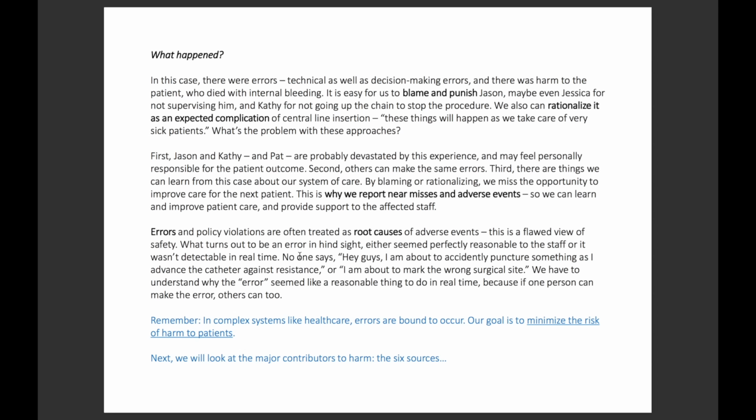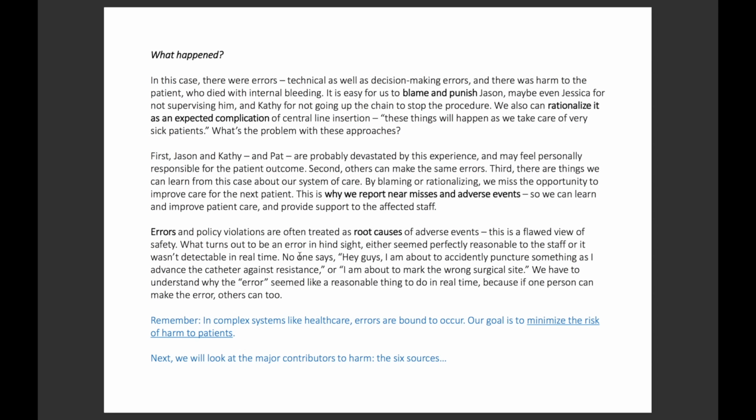We had a situation where there was a wrong site operation, and because there was a marking, and the surgeon left the room at the time and came back in, and there was another marking, and the conversation was left, right, and it was left.